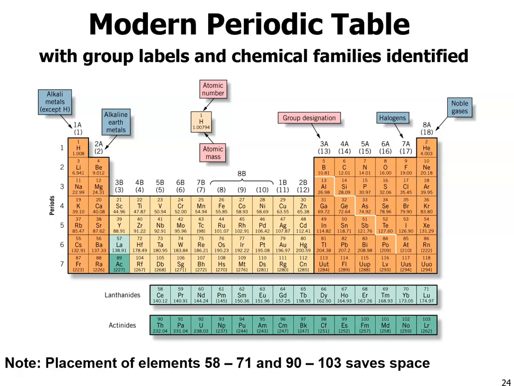They have a similar orientation around the nucleus, and that's why they have a similar pattern with how they react. The same with the alkaline earth metals, and then as we move from left to right, we increase the number of protons, we increase the number of electrons around what we call shells, and that's why these families have similar characteristics.